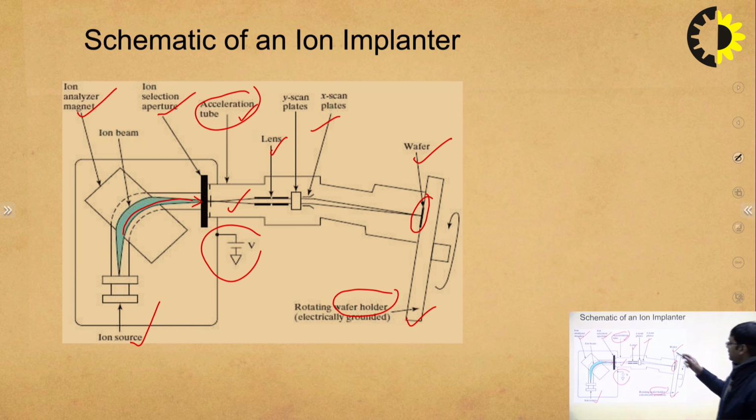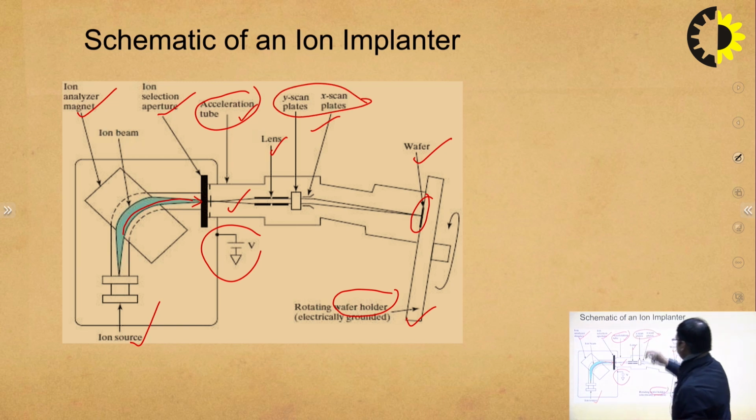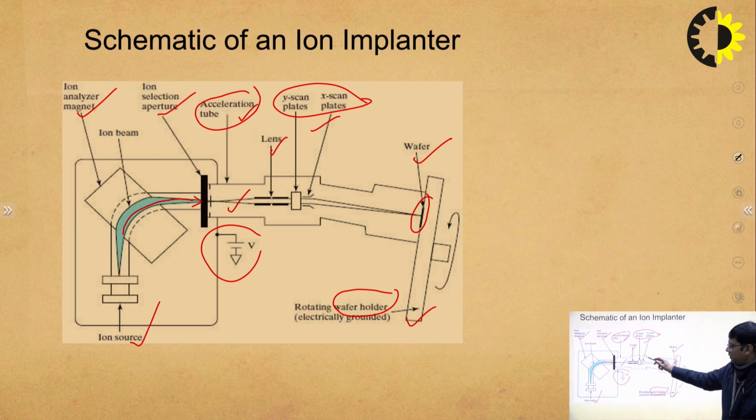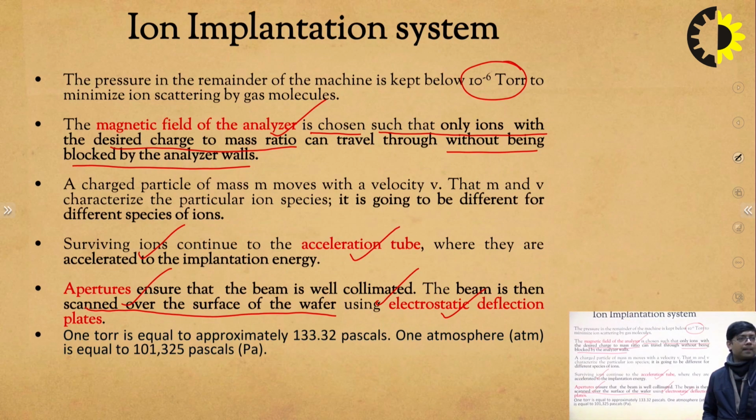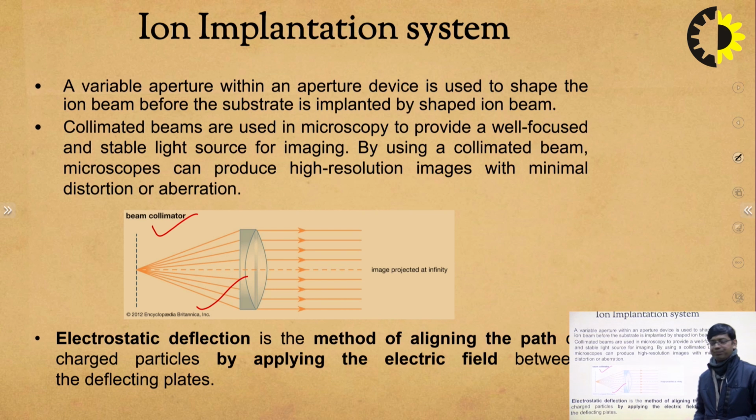Here we can see these deflection plates, and the x axis and y axis direction is decided by these x scan and y scan deflection plates.